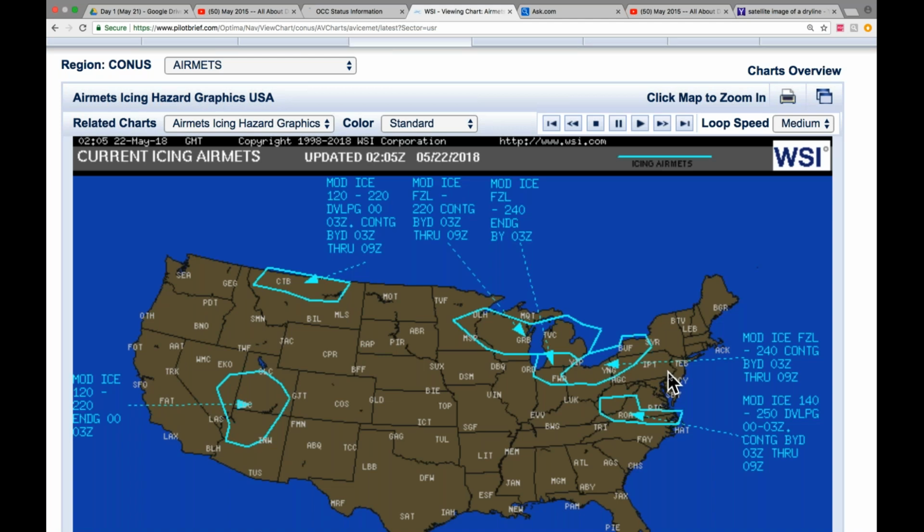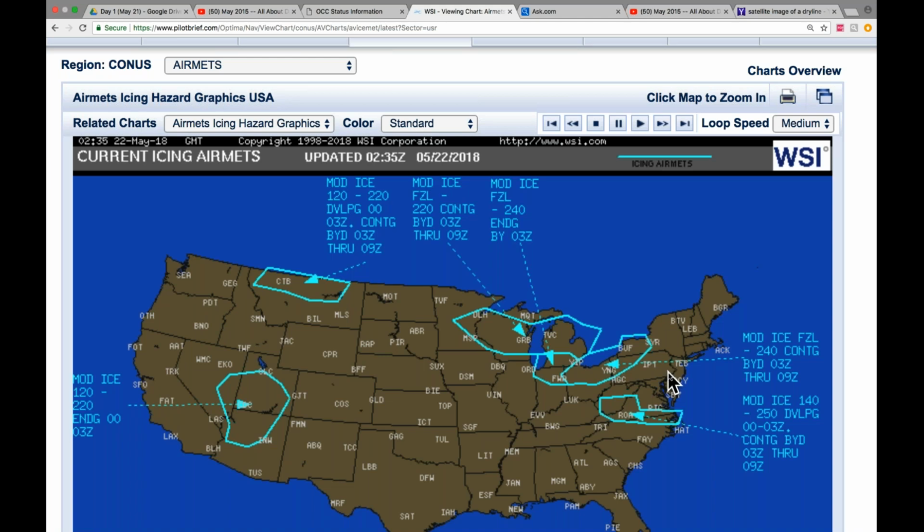If that means ascending above the precipitation or the visible moisture, going below or going laterally, depending on what type of cloud the icing's occurring in, is going to dictate what direction you go, right? But you're going to get out of it as quickly as you can.